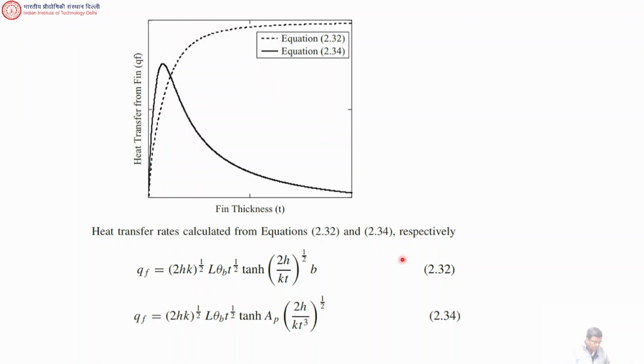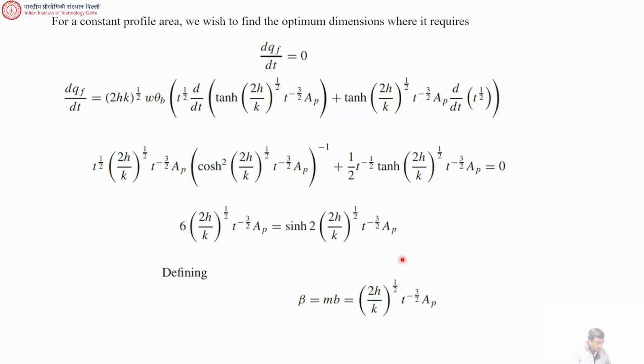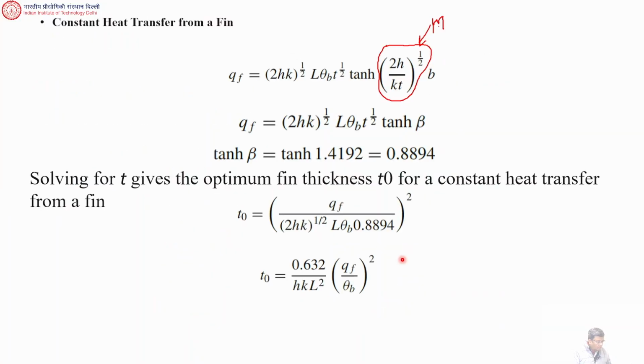After these, we go to this discussion about constant heat transfer from a fin. We have this Qf versus t, which we saw goes like this when the profile area is constant.